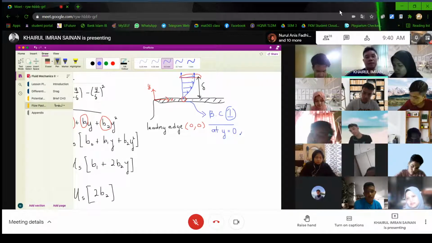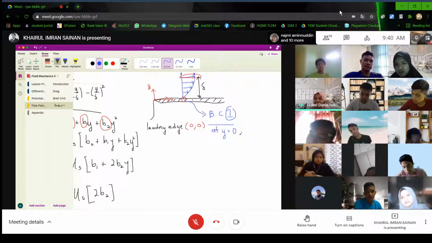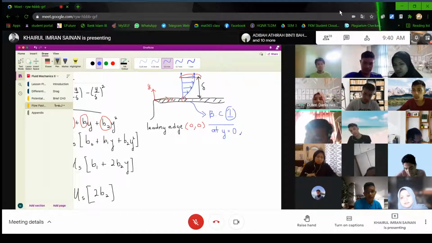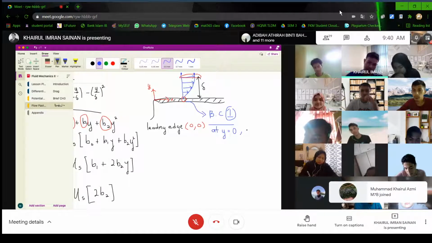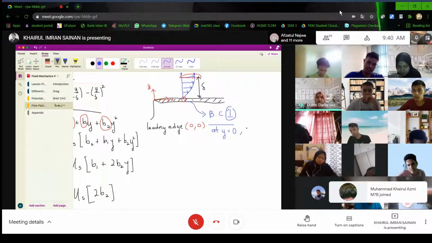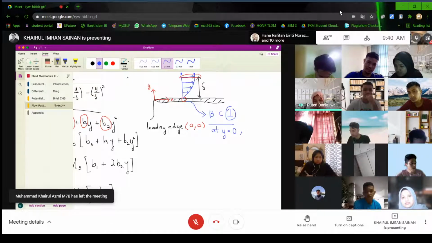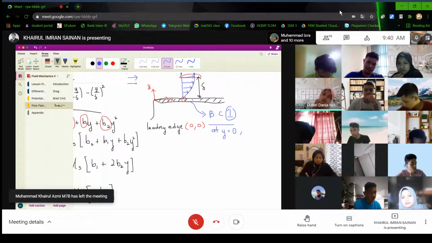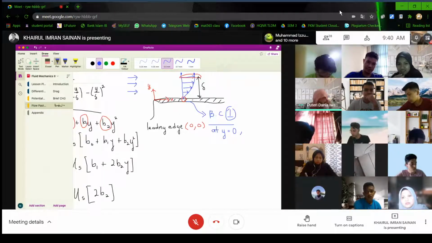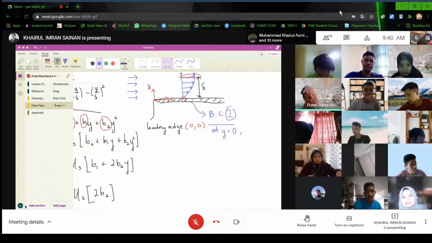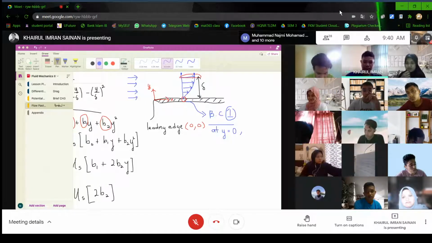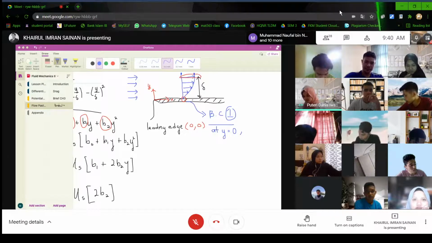Okay. At y equals to 0, U equals to... You can in fact refer to chapter 1. On top of the plate.